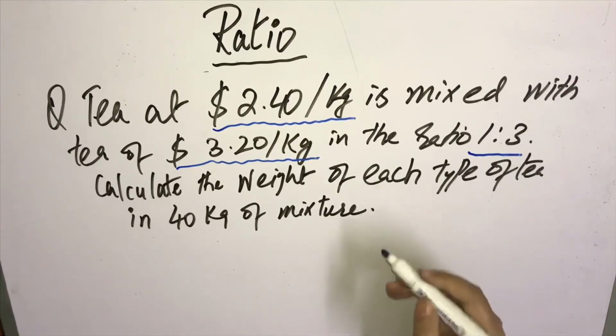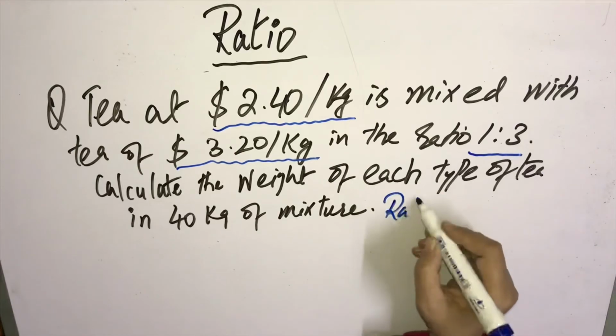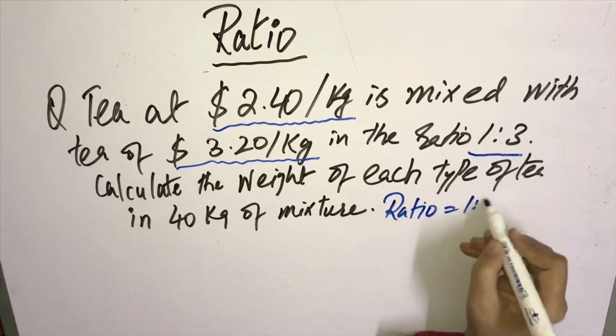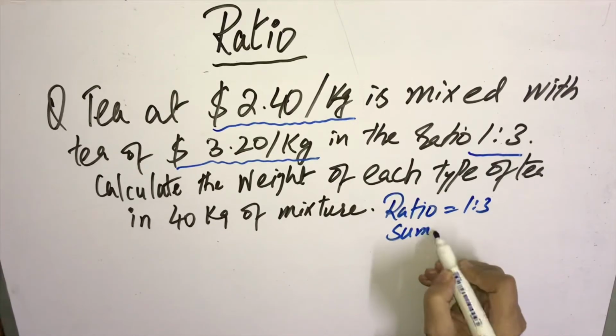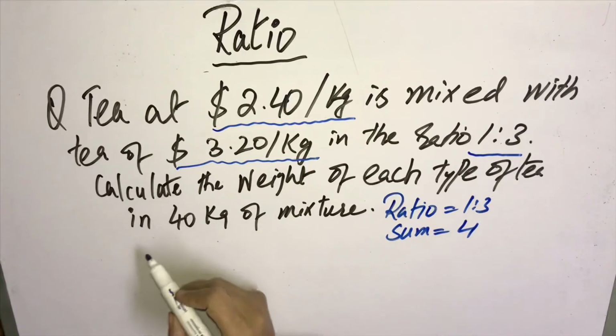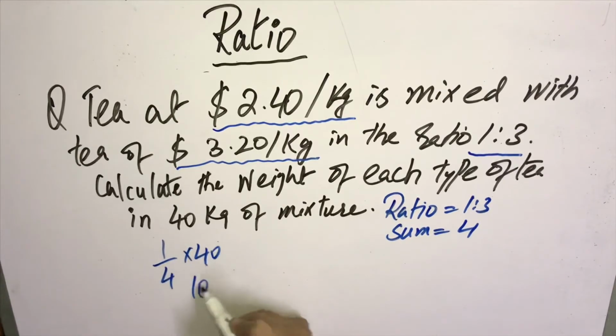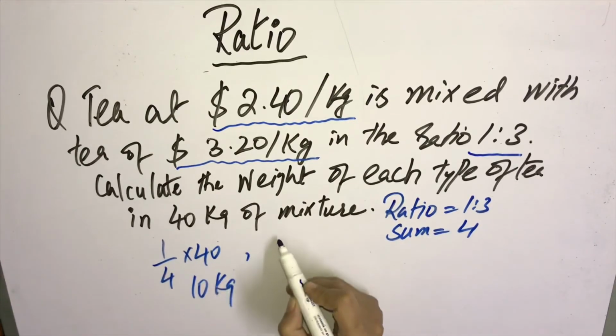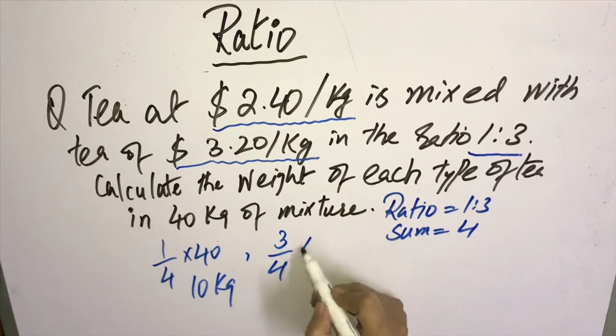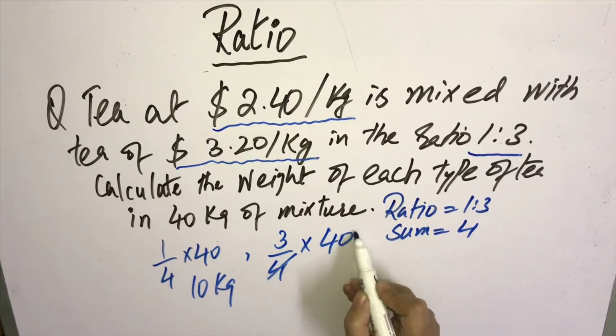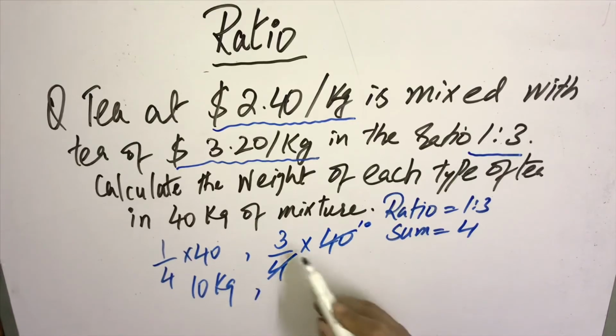First of all, the ratio given is 1:3. The sum of the ratio is 4. The first type of tea in the mixture is 1/4 of 40, that is 10 kg. And the second type of tea is 3/4 of the total mixture 40, that is 3 multiplied by 10, which is 30 kg.